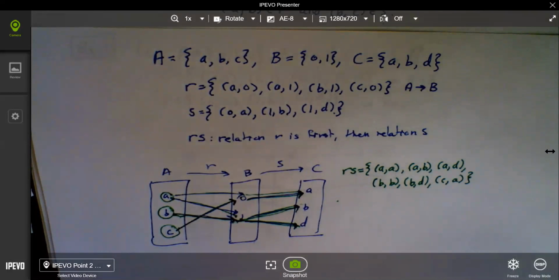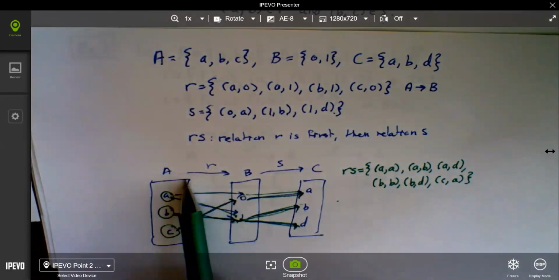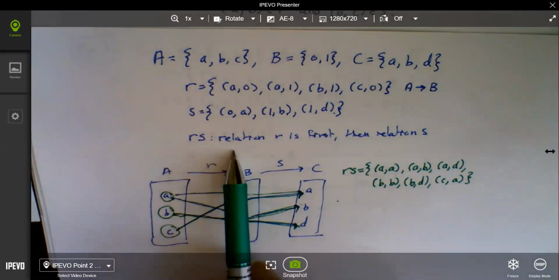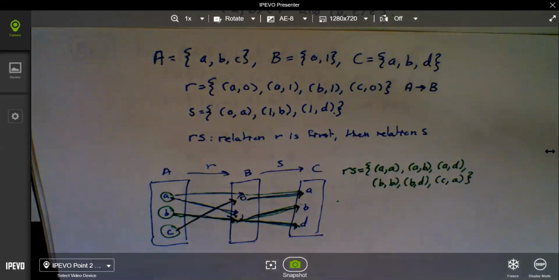Okay? And with that, that is our first example of doing a composition of relations. Well, why don't we do another one? But this time, instead of having two distinct relations and taking the composition of those, why don't we just have one relation, and that relation, we're going to compose with itself.